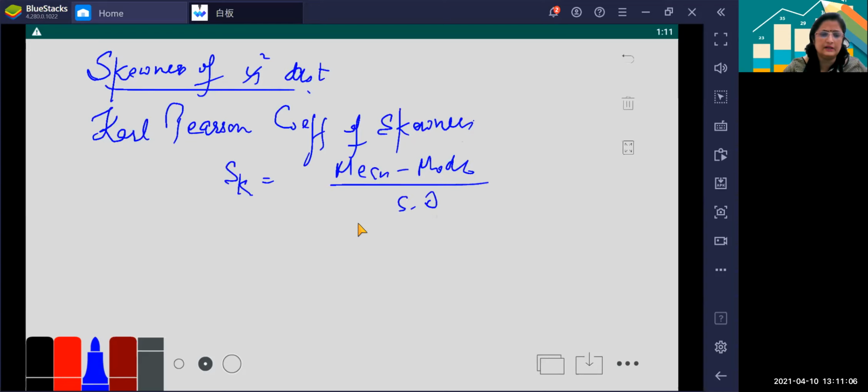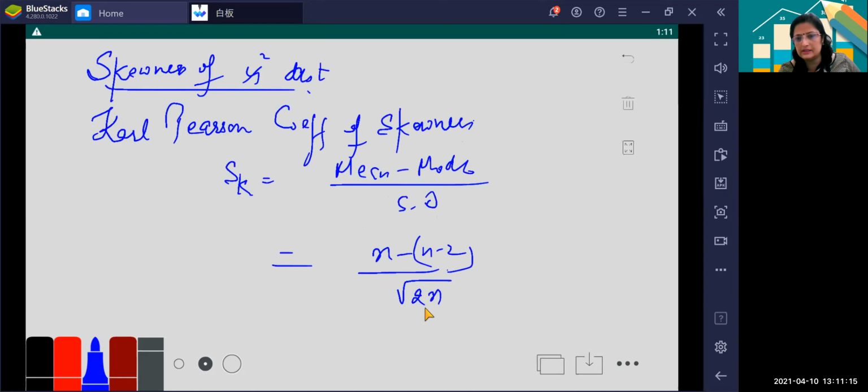So you have all the values. What is the mean? The mean is n, the mod is n minus 2, and the standard deviation is root 2n because the variance is 2n. This is 2 upon under root 2n, and that comes out to be 2 by root n.